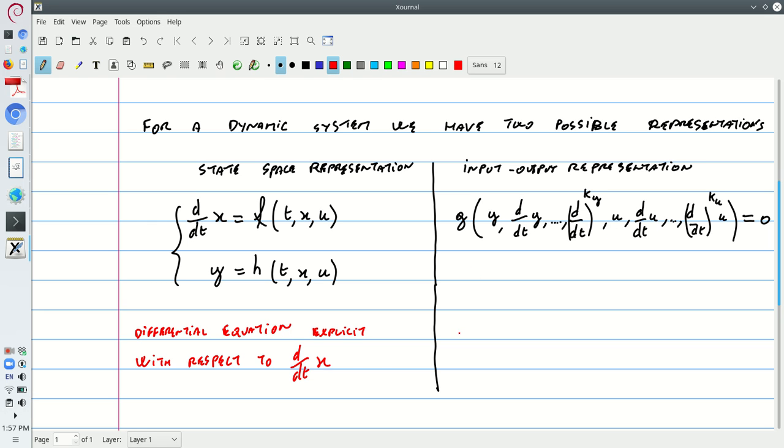So what I'm saying is that we have a differential equation in u and y, and of course their derivatives, that is an implicit relation.